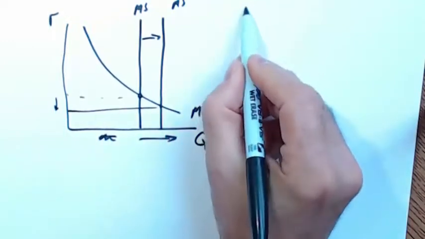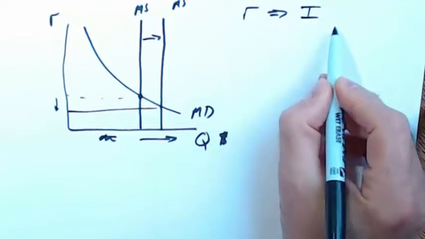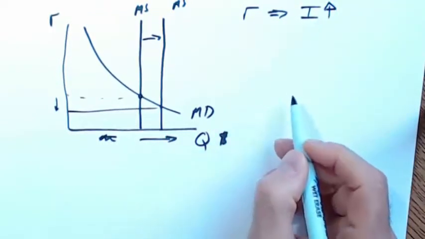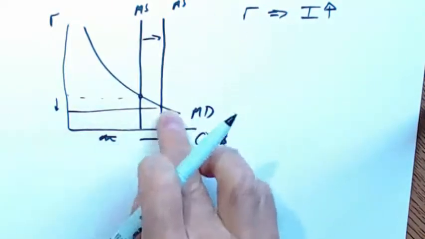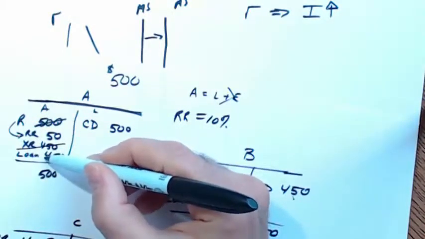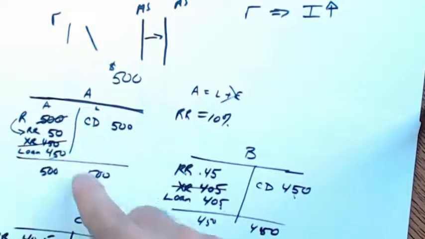And when interest rates decline, that means that you're going to have higher investment, okay, because it's cheaper for companies to borrow money. And you can see this is consistent with money supply going up because when you add money to the banking system, banks now have more funds available to start lending, and so they're anxious to lend.